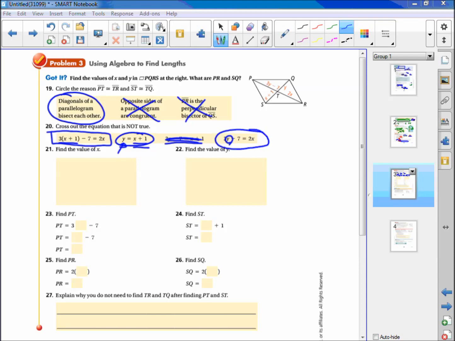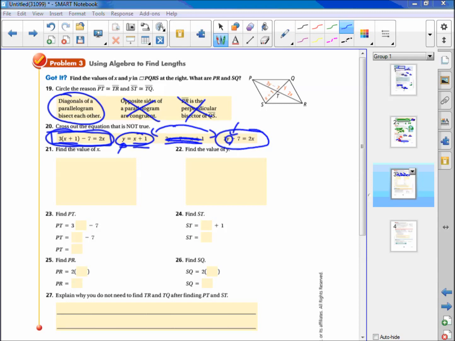Just like 3 times y minus 7 equals 2x. So all they did was put x plus 1 in this spot. It's a system of equations is what they're doing. So if you had these two equations, you could do the substitution property and then get an equation that has only x in it.